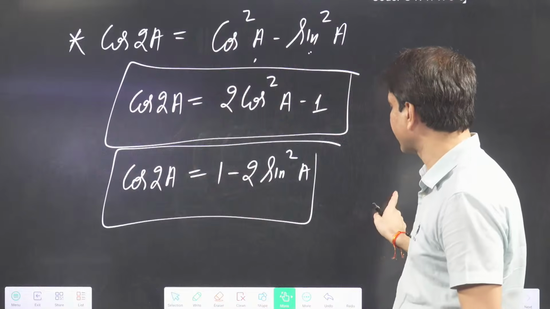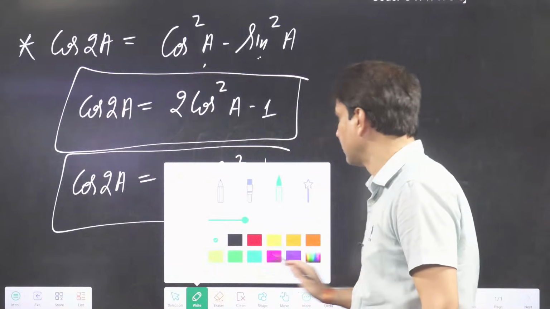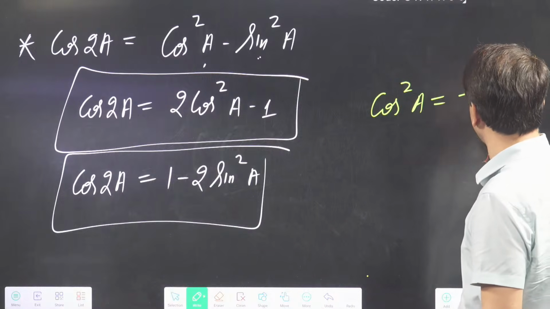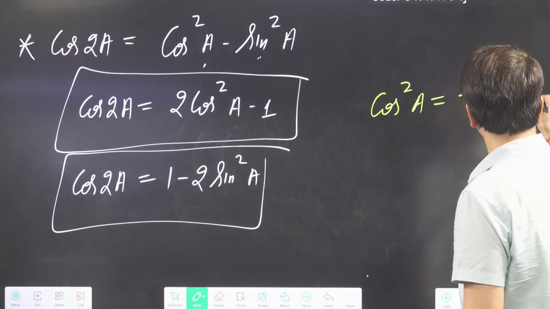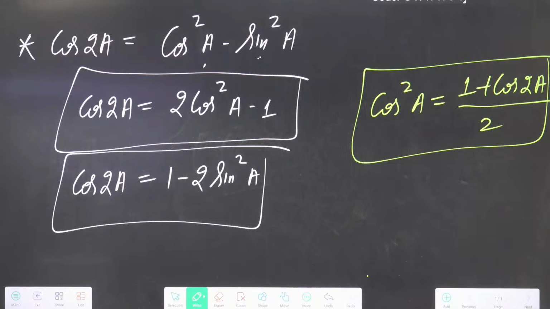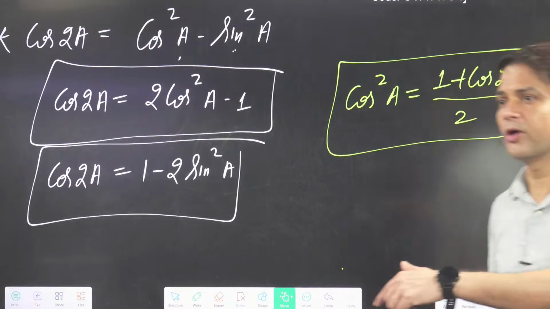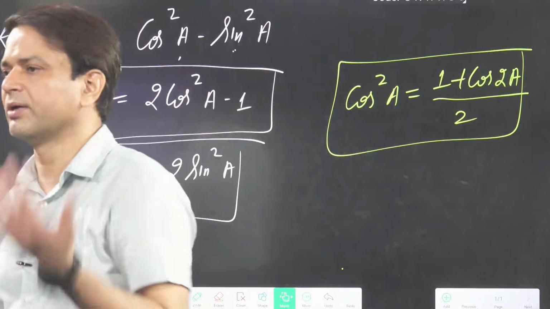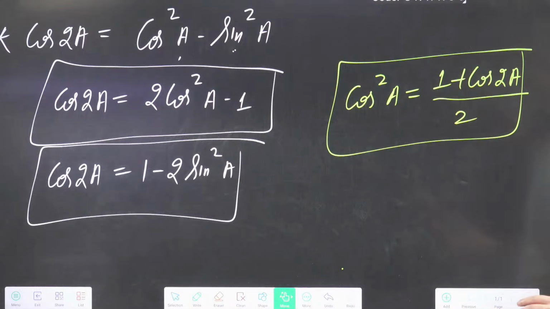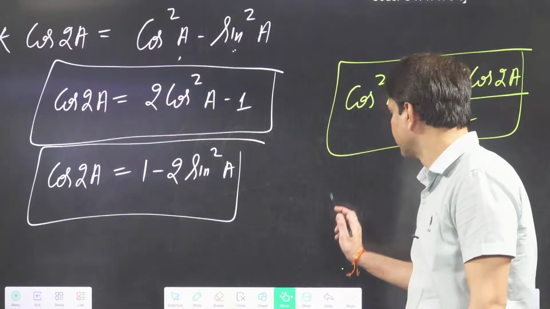So from this I can write cos square A equals 1 plus cos 2A by 2. From this you can see the square is removed, and I will get the standard formula of SHM. So cos square A is 1 plus cos 2A by 2.